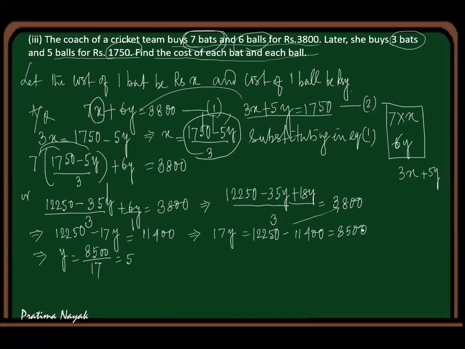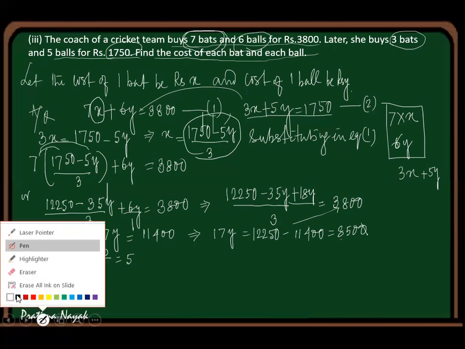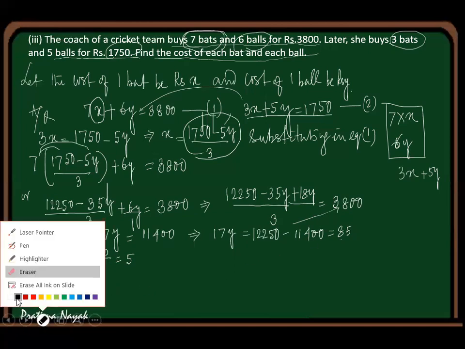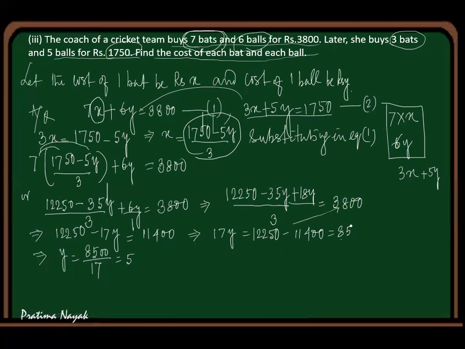Oh, sorry, there will be 850 only, very sorry. If you subtract, it will be 850. Then it will be 850 divided by 17, it will be 50.